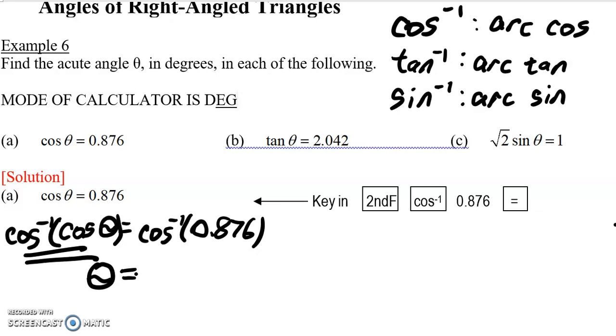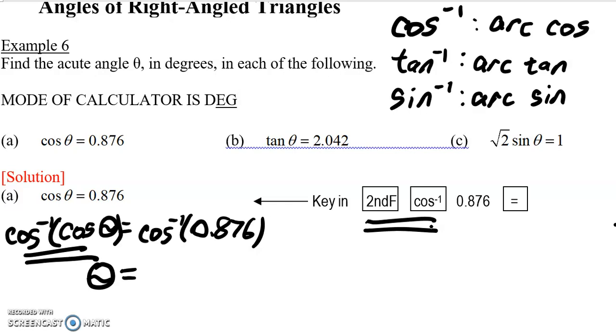Now, this part over here, there are some calculators where you can press the second F button and press the trigonometric ratio that you are using to get the arc of that trigonometric ratio.